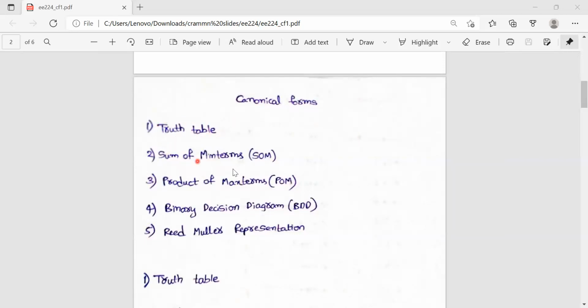There is only one sum of min terms and product of max terms, and there exists only one BDD for an expression. So there exists only one form for that expression. So these are known as canonical forms.